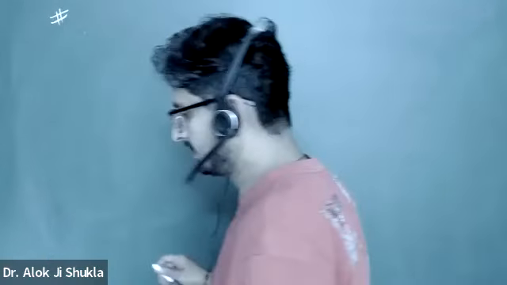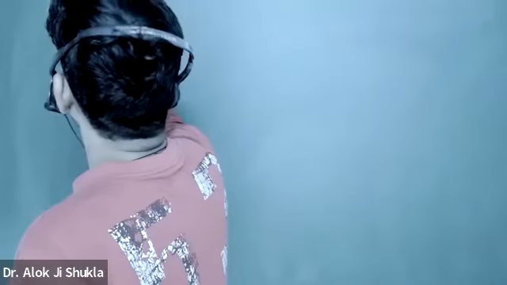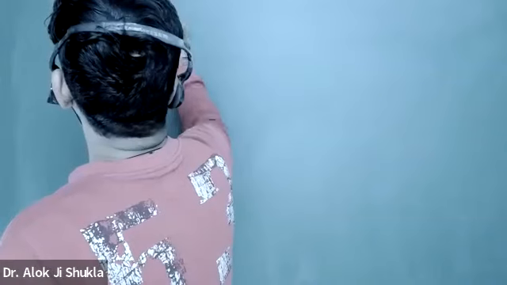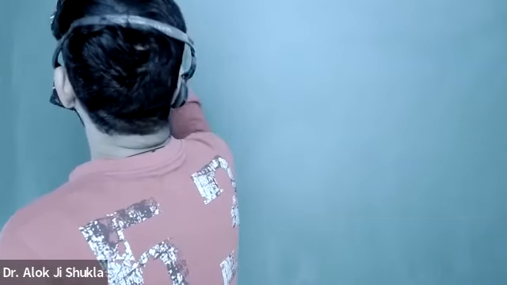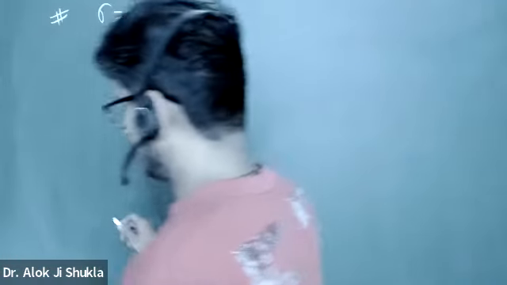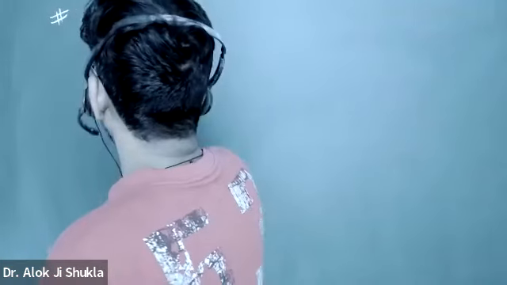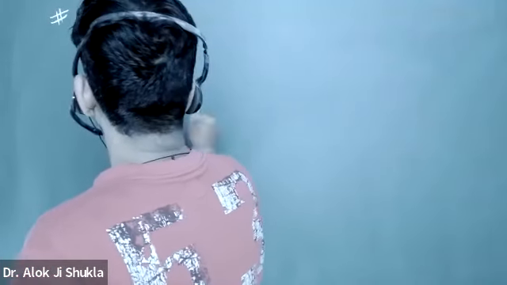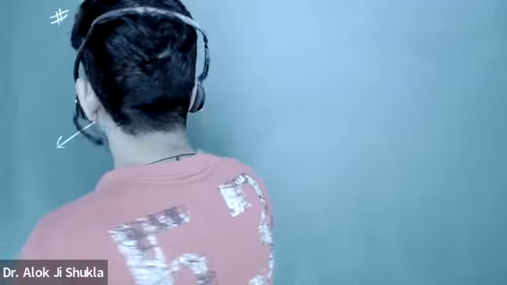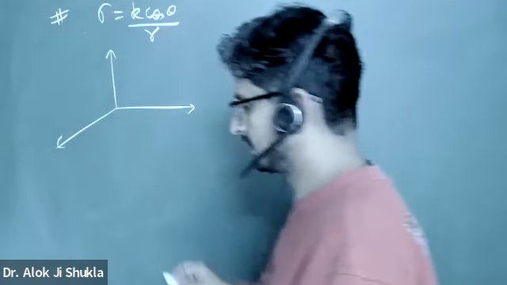Similarly, I give you as a home exercise that you take sigma is equal to k cos theta by r. Okay, and this is a disk charge like that. Suppose it is like this, a disk.